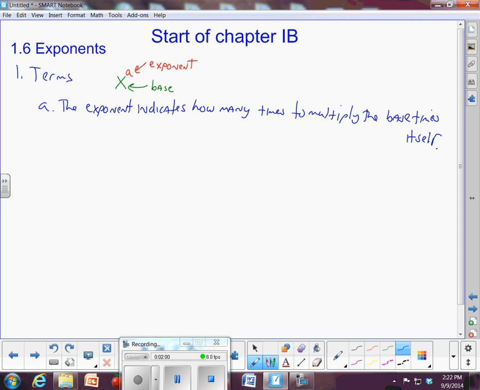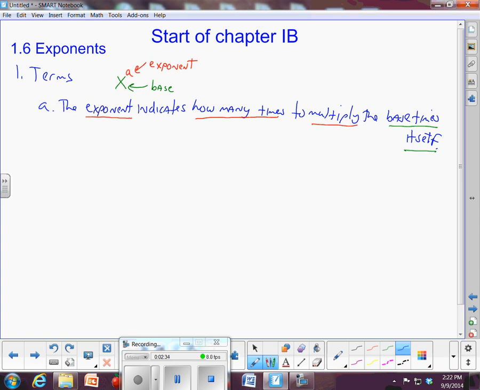The exponent indicates how many times to multiply the base times itself. So I'm going to take my red here, and I'm going to underline exponent, then I'm going to underline how many times, and then I'm going to underline multiply. Okay? And then I'm just going to underline the base times itself.